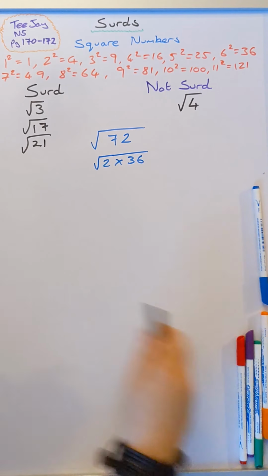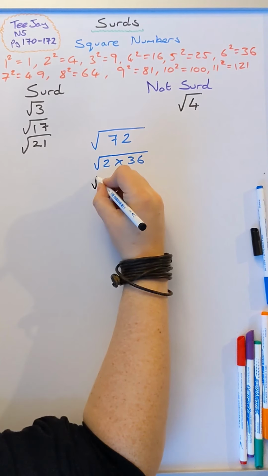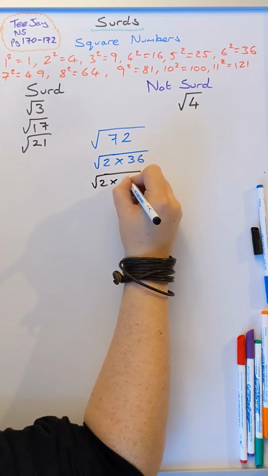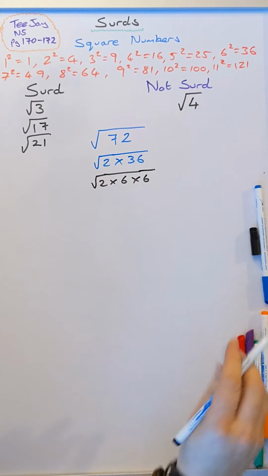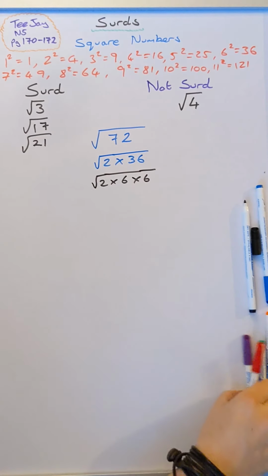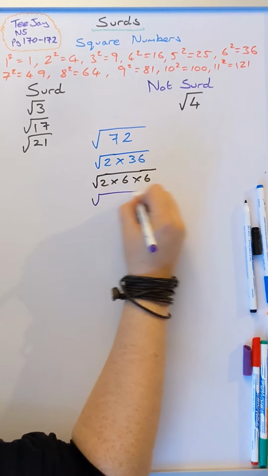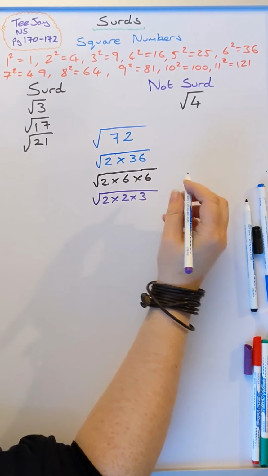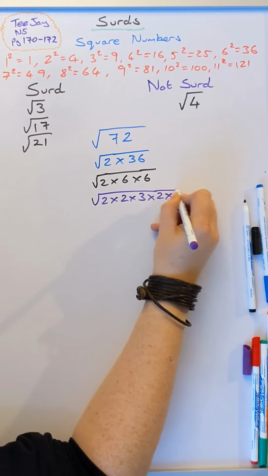So I can also say that it's 2 times 6 times 6. I can say it is 2 times 2 times 3 times 2 times 3.